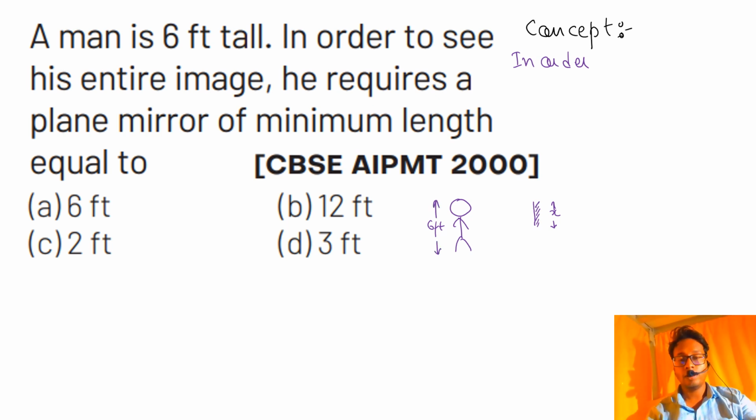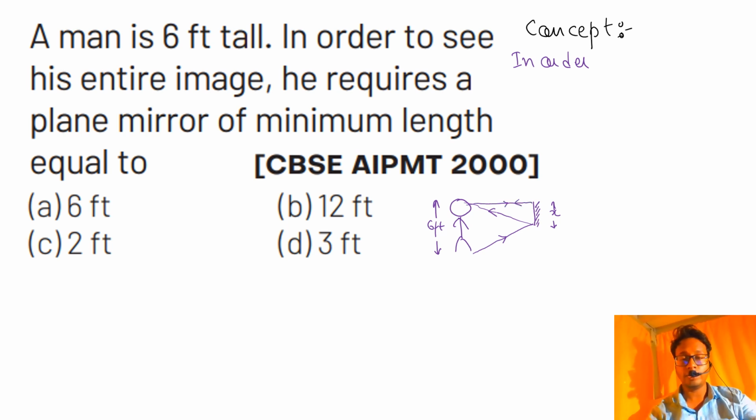Now the concept here is, in order for him to see his full image, the light rays from his feet must reach his eyes. The light rays from the legs must reach his eyes, and the light rays from the eyes must reflect back.